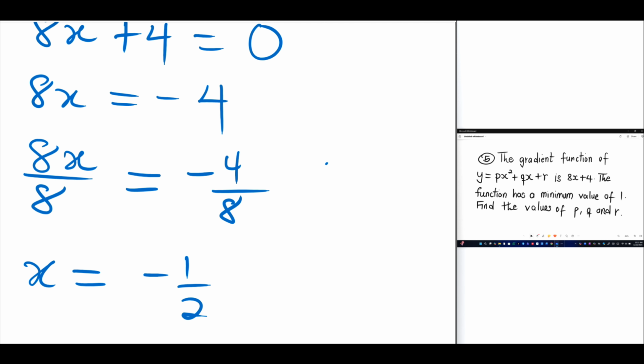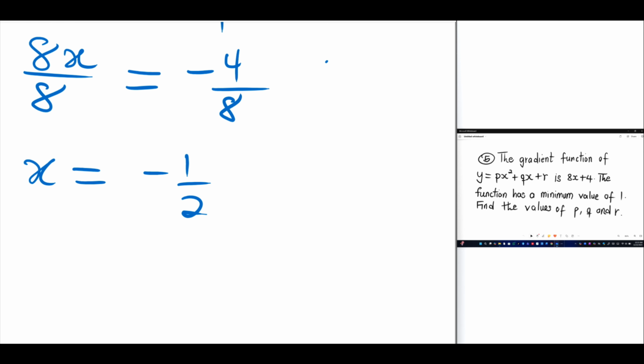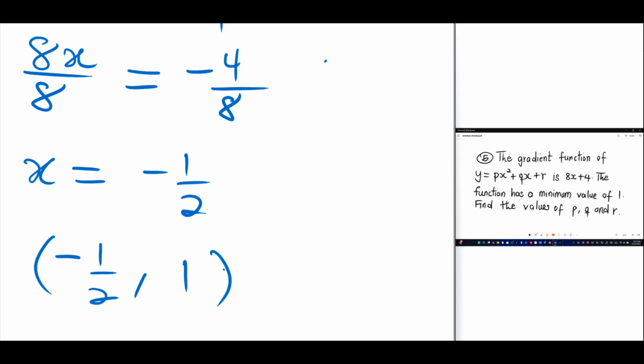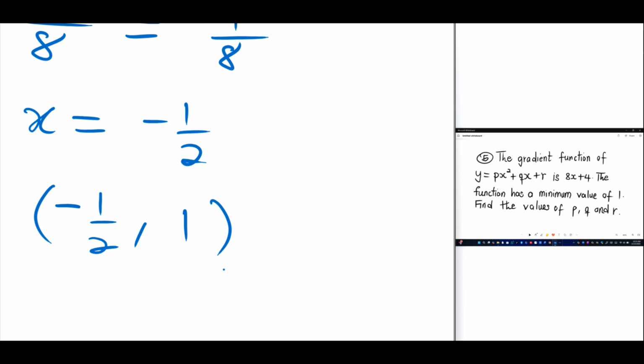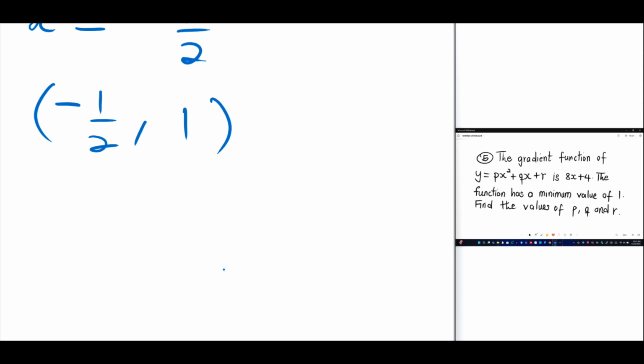So this is the value of x at the turning point, and we have to write it as a point. So we get negative half, and the value of y over there is 1. So negative half, positive 1. Let us now look at the value of r.